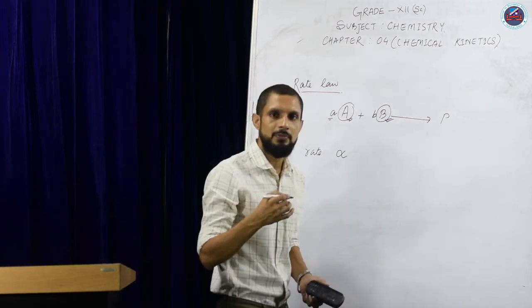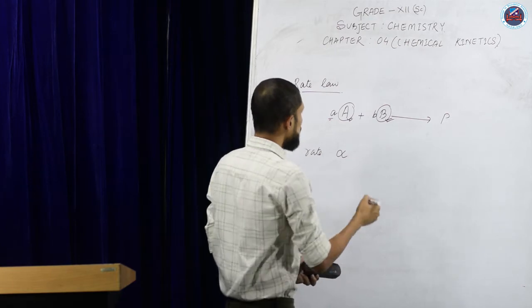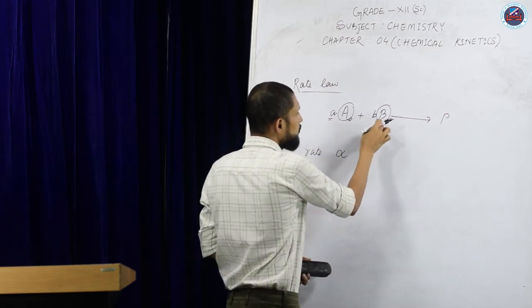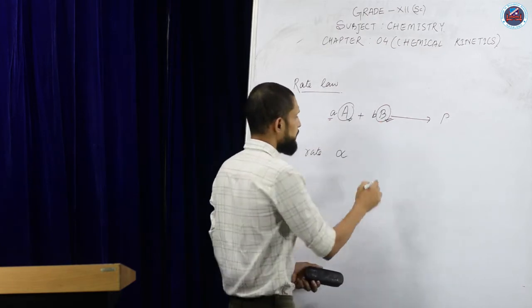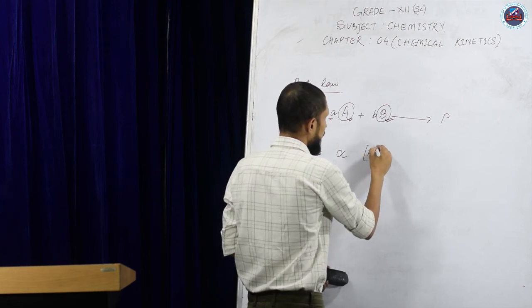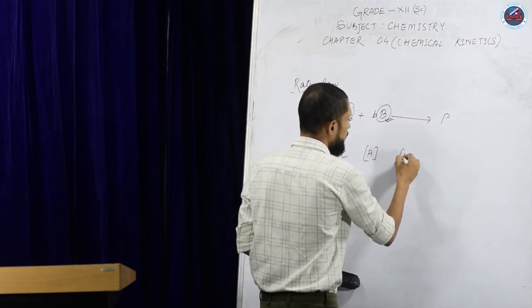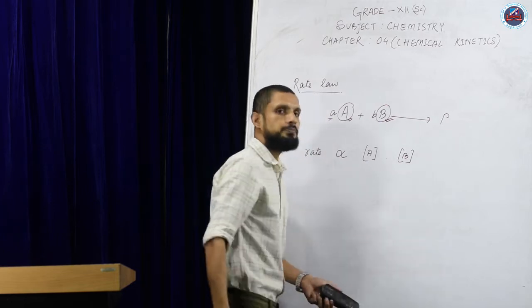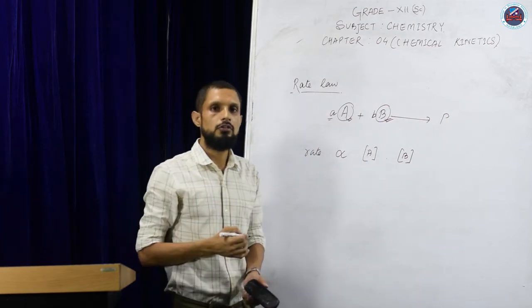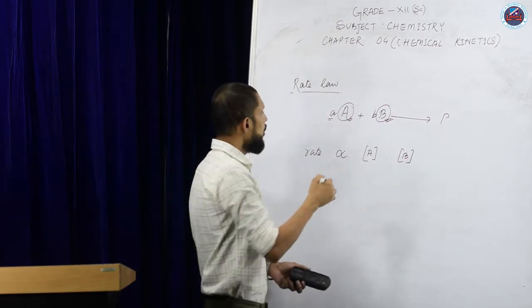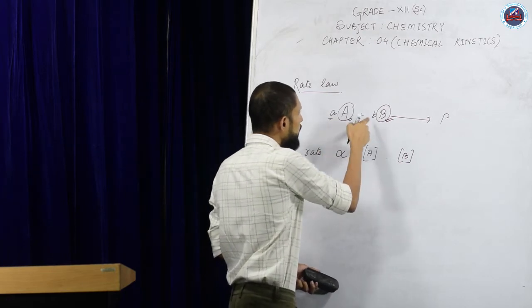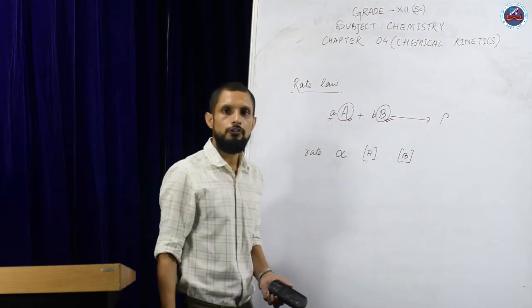Product means multiplication. Product of the molar concentration of reactant. So that is concentration of A multiplied by concentration of B, raised to some power which may or may not be equal to the stoichiometric coefficient.